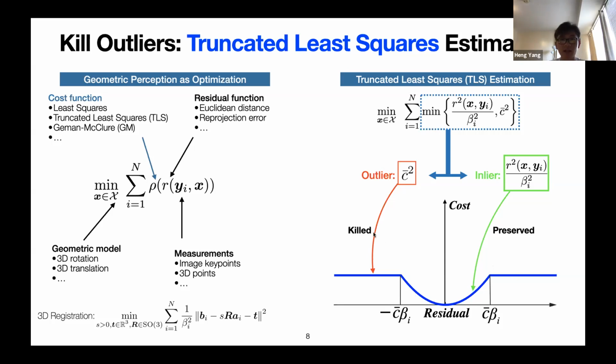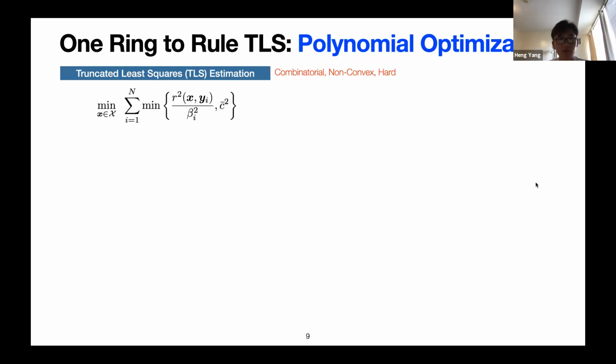In the next slide, I'm going to show the ring that can rule TLS, which is the ring of polynomials. And we're going to use polynomial optimization tools to rewrite this TLS optimization problem.